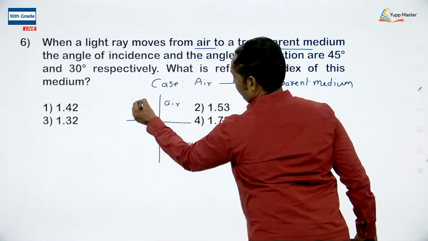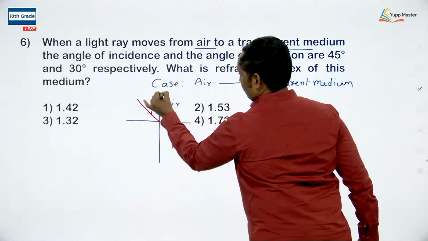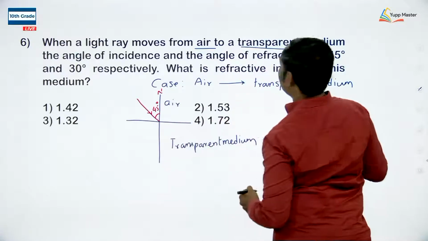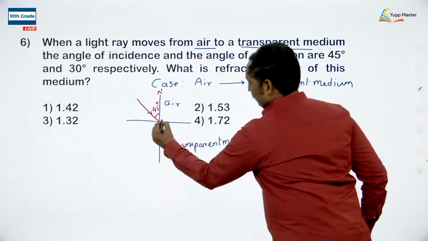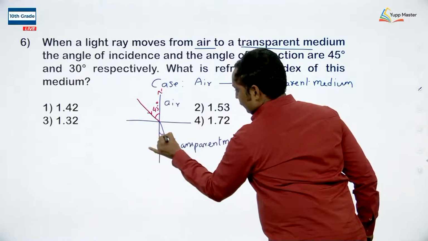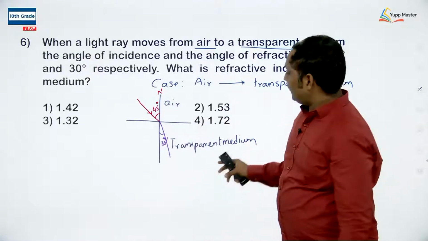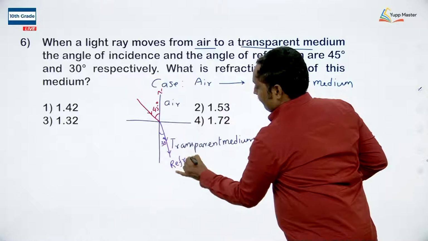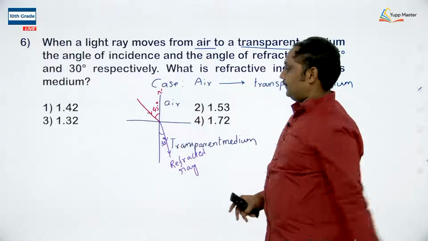With respect to the normal, you will measure that 45 degrees. So, what is the angle of refraction? 30 degrees. Now, you can show that angle of refraction is going to be 30 degrees. Your aim is to find out where the light enters; this is the refracted ray, let us assume.